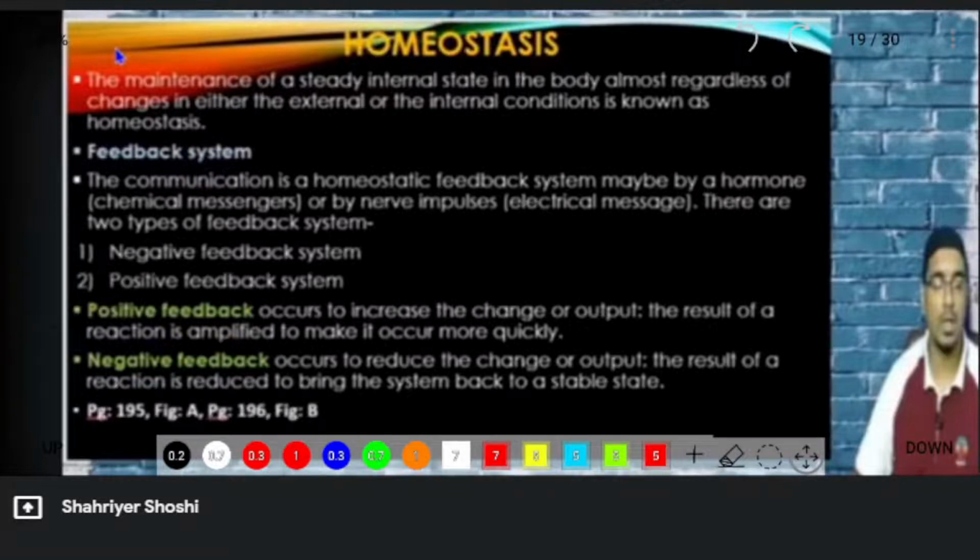Now, our bodies have a feedback system. What is a feedback? A feedback is basically a response to any type of action. There are two types of feedback: one is positive, one is negative.